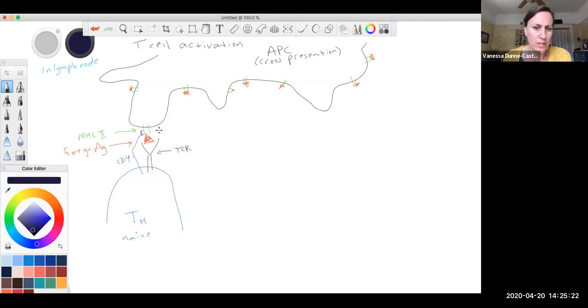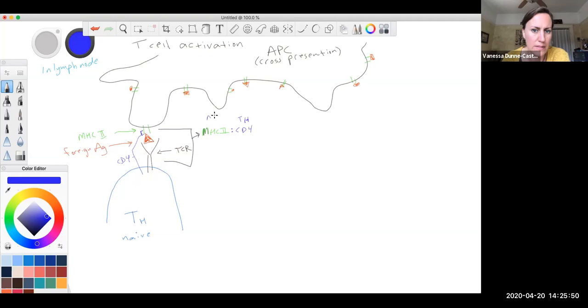Okay, so what we just saw here is a perfect interaction between MHC class 2 being recognized by that CD4 co-receptor on the T helper cell.